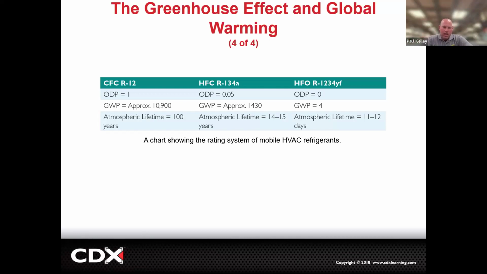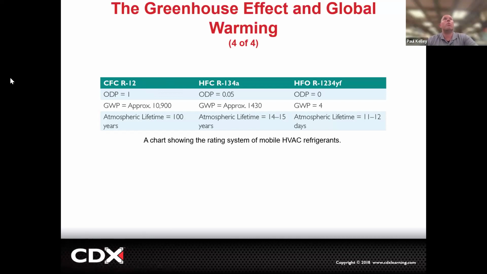That was probably horrible, actually, but it was inexpensive and they didn't care. They had a nice cold beverage. And then R134a came out and they're like, hey, it's 10 times the price, but look at this improvement. We went from 1 to 0.05. That's nice.